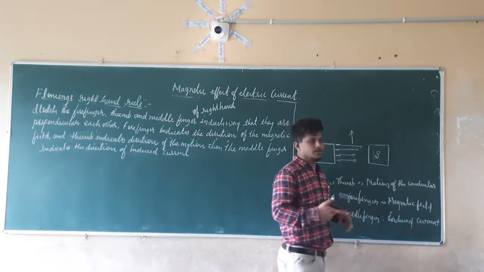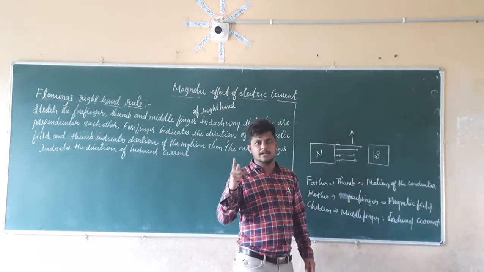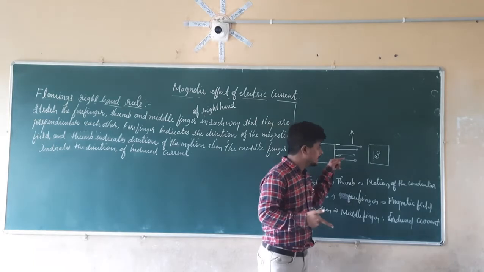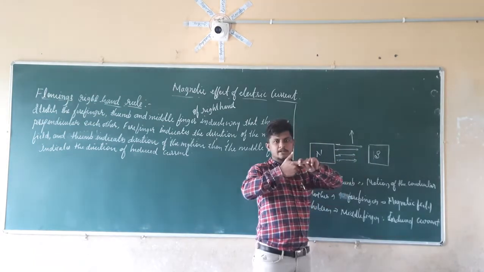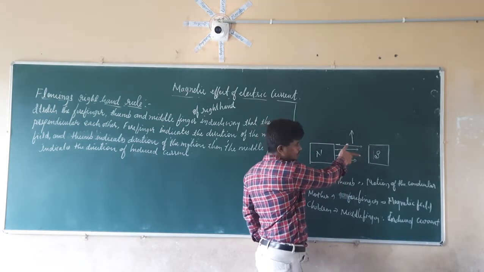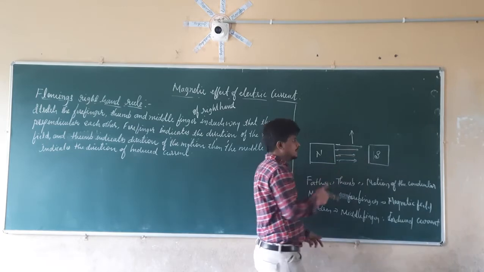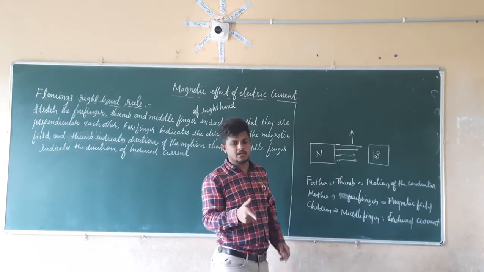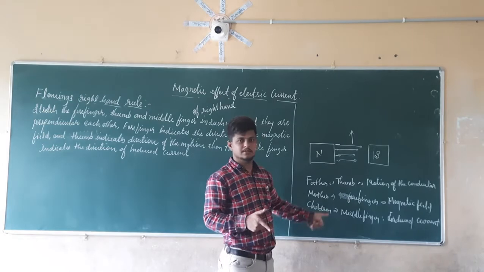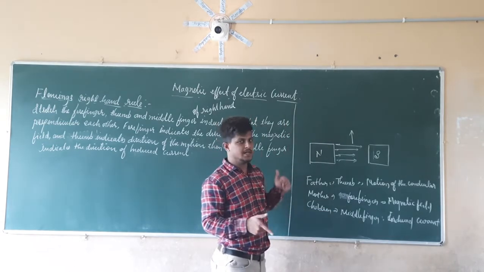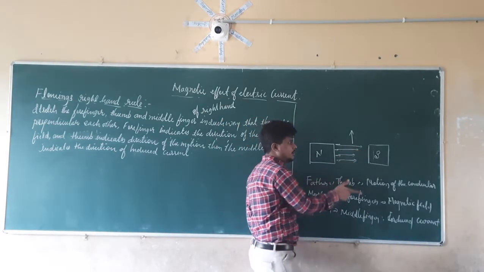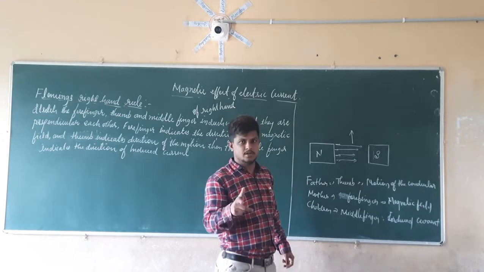In which direction is the magnetic field going here? It is going from north to south. In which direction is the conductor moving? The conductor is moving in the upward direction. So in which direction will the current be induced?